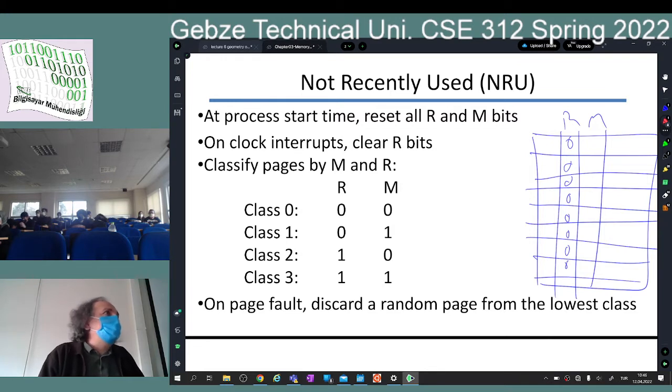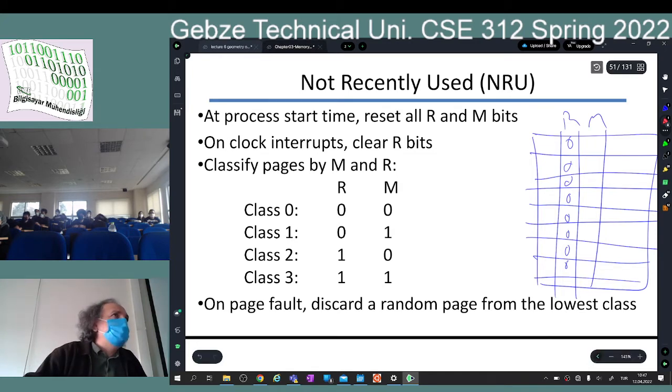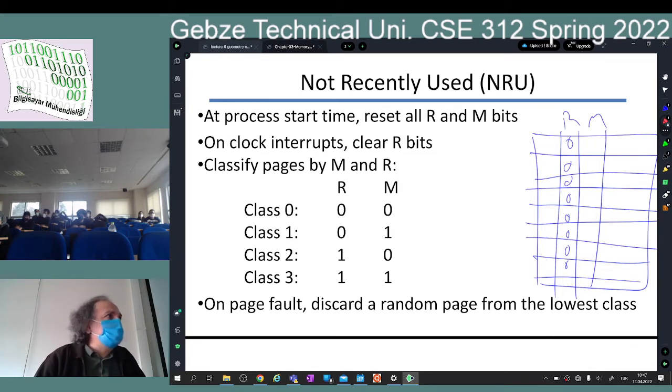So how do I compare the performances? Comparing the performances is this way. How many page replacements does the NRU cause, and how many page replacements does the optimal algorithm cause? You just compare it. If the optimal algorithm causes 50 page replacements, then you cannot do better than 50.